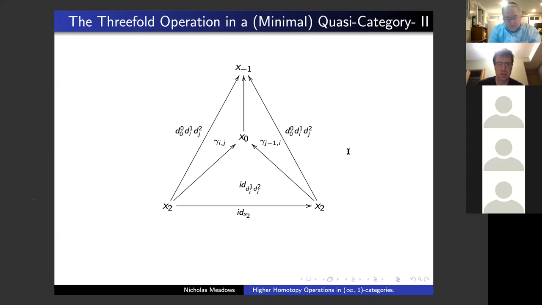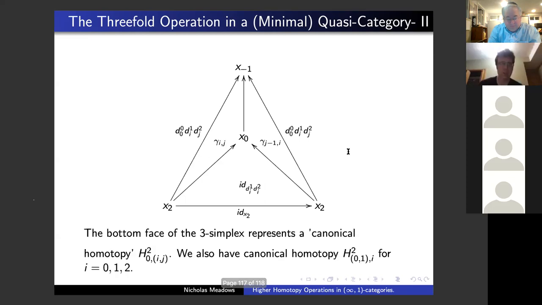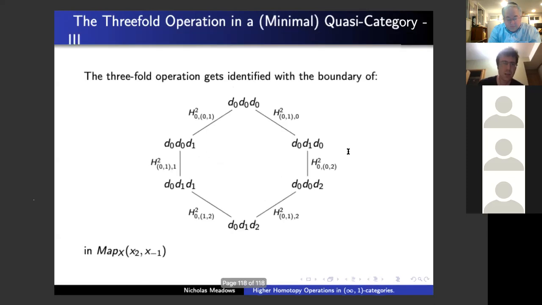So this is like an inner horn, and we glue this together and fill it in our quasi-category because we can always fill inner horns in a quasi-category. Then the bottom face of this is what we call the canonical homotopy. The way we define our threefold operation is to arrange these canonical homotopies in a hexagon pattern.